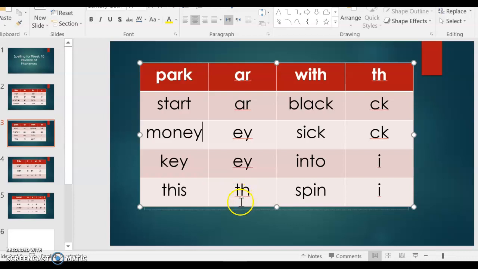The next two words are this and with. The digraph we focused on was TH, says th. In this word, it's at the start of the word. TH, th, this. In this word, it's at the end of the word, with. W, i, th. Now, a lot of you write this.